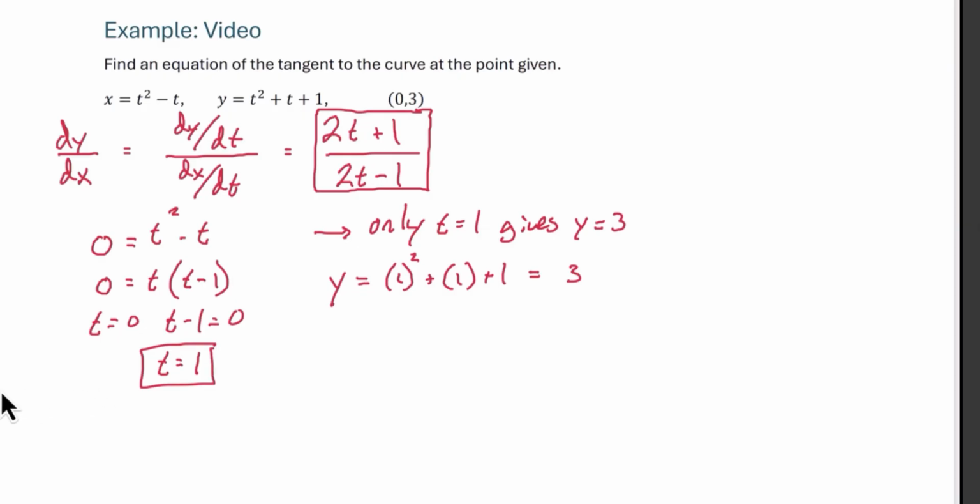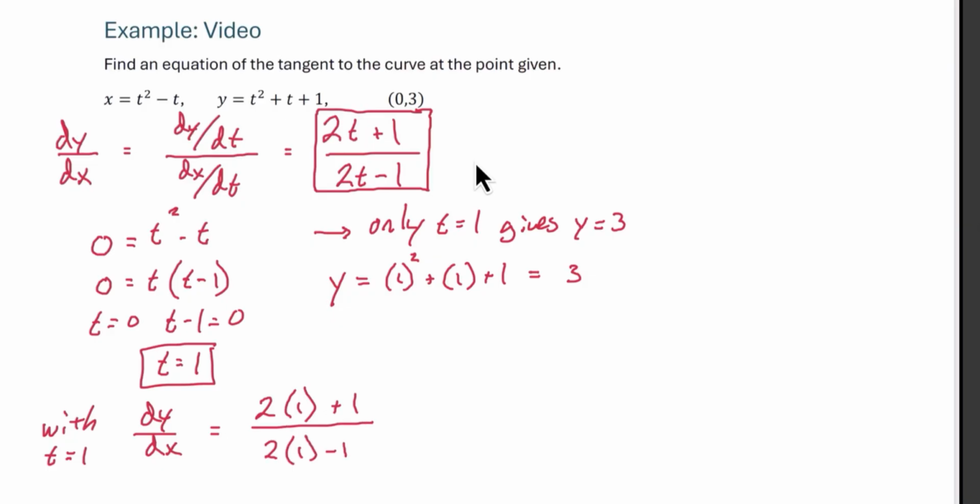So with that information now, with t equals 1, let's find dy/dx. Again, we're plugging 1 in for t in the equation for dy/dx. We have 2 times 1 plus 1 divided by 2 times 1 minus 1.